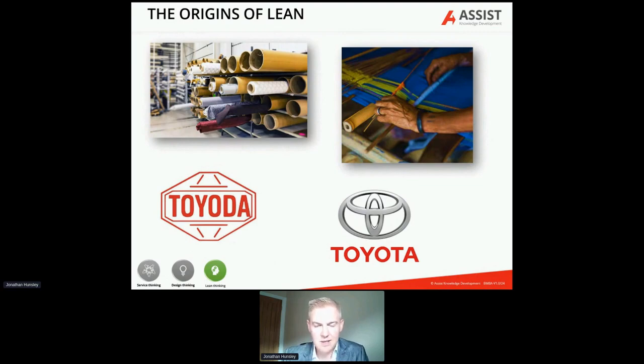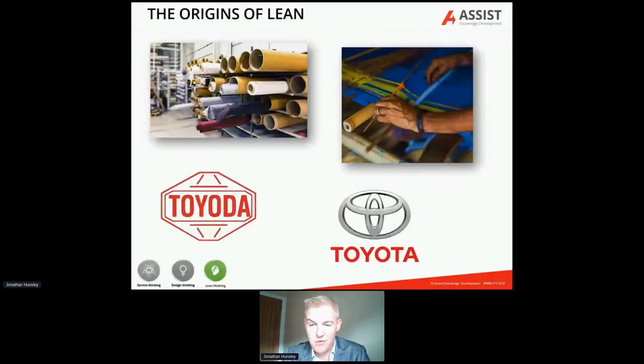And what they do is they build a culture where if a thread breaks in the rug, the culture is empowering the employees, and the employees stop the production line. And they stop the production line because they realize that it's not going to be a desirable outcome to produce a rug with a massive thread missing down the middle. It's a defective output that is waste.